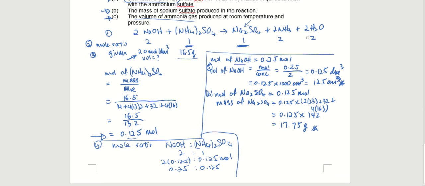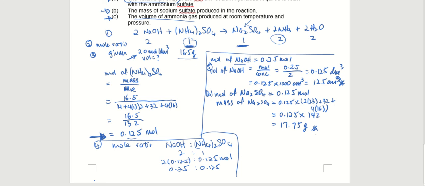So again, we notice that here 1 mole of ammonium sulfate reacts to give you 2 moles of ammonia. Again, we go back to the mole ratio. Since we know that there is 0.125 mole of ammonium sulfate used, we will get 2 times 0.125 mole of ammonia. So let's write that down.